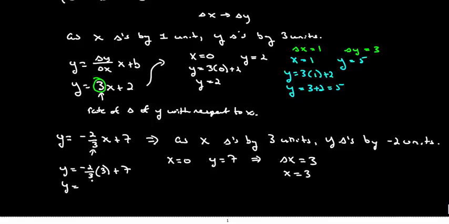So y is equal to negative 2/3 times 3, which is negative 2, plus 7. So y is equal to 5. The change in x was 3 because we went from 0 to 3. The change in y is 7 to 5. So the change in y is negative 2 units.